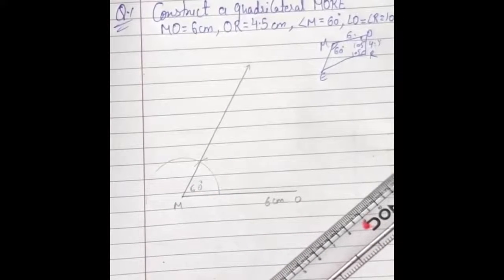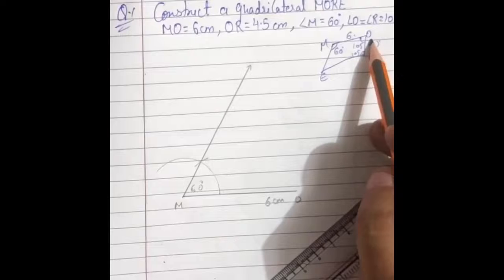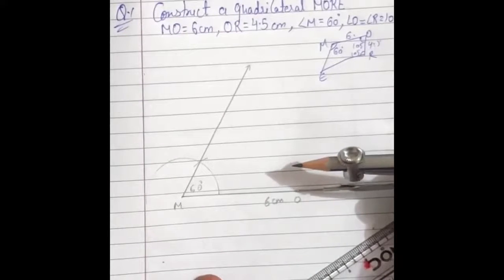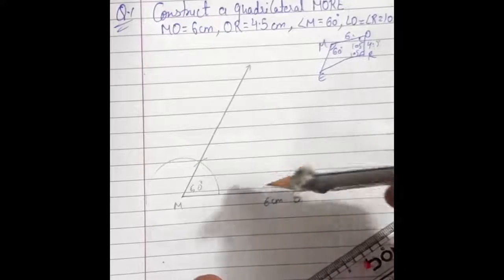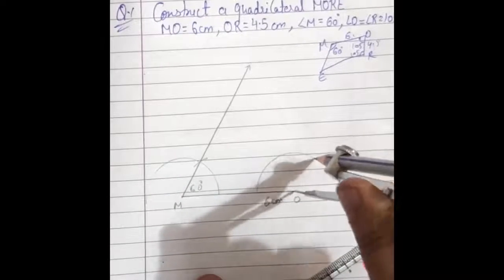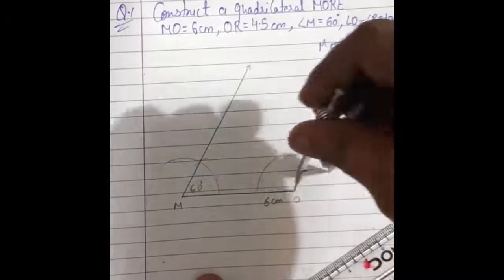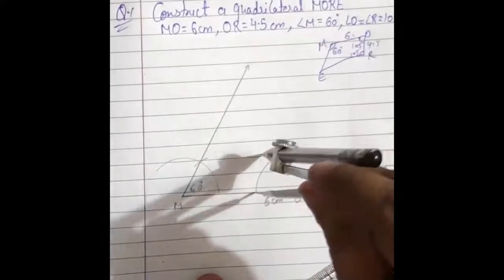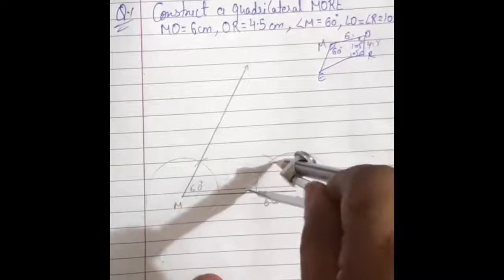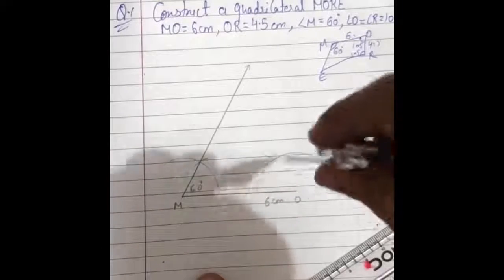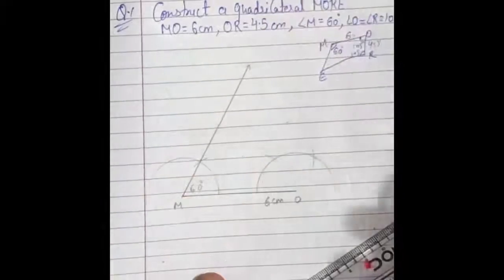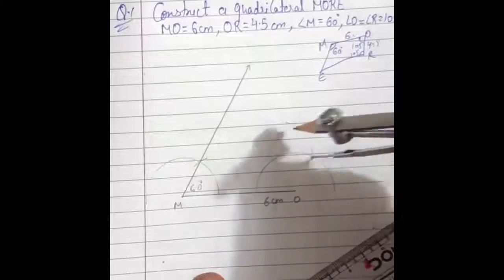Now we can draw another angle 105 degree at O. So we can construct another angle 105 degree. Now again draw an arc like this. This is angle 60, the first arc. Now come to the second one. This one is 120, and the bisector of 60 and 120 is 90 degree.